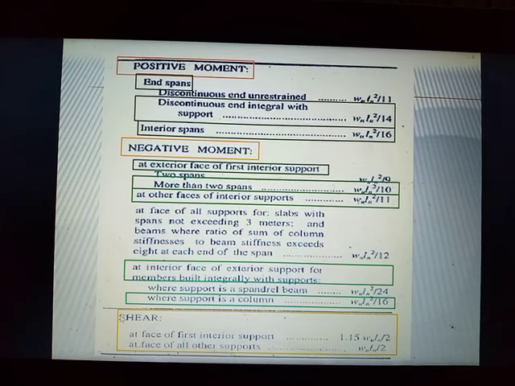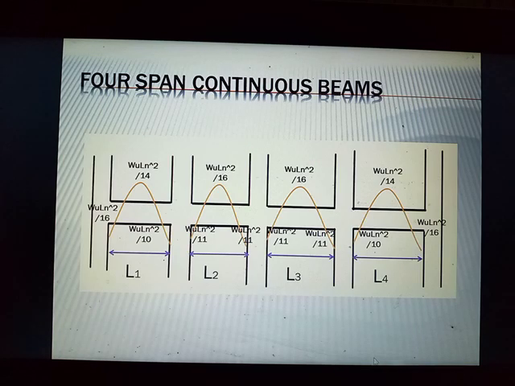Same use for shear. The face of the first interior support is 1.15 Wu Ln over 2, and for all other supports we use Wu Ln over 2. So this is for bending moments.